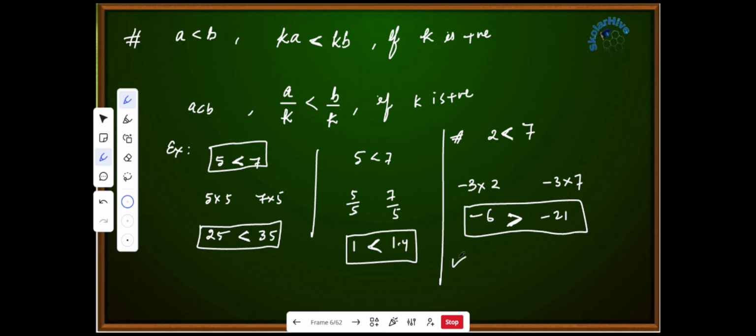So if we are given 5 less than 7 and we are dividing by -2, then we must reverse the sign from less than to greater than type. Okay, so these are the two very important results in the basic elementary properties of inequality. Apart from this, we have one more very important inequality, which is the third inequality.